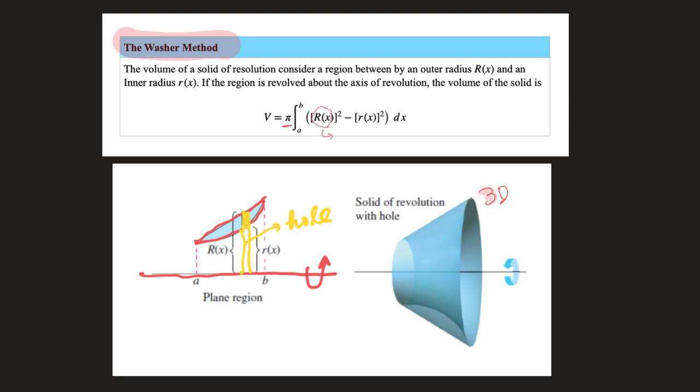This one is the longer radius squared, minus this one, the shorter radius squared. That's how you find the volume using the washer method. Remember about the washer and disk methods: with the washer method, there is a hole; with the disk method, there is no hole. That's how to see the question when you do your volume problems.